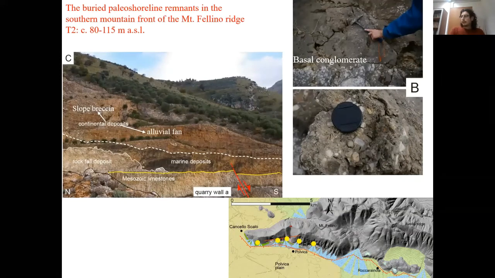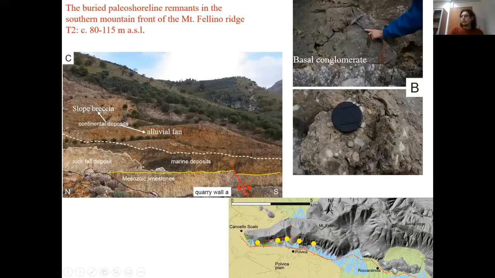In all the other parts of the Monteferrino Ridge, we can see the outcrops just in some new quarries. For example, the T2 marine terrace spans between 80 and around 100 meters, and it was found in different places along the ridge.